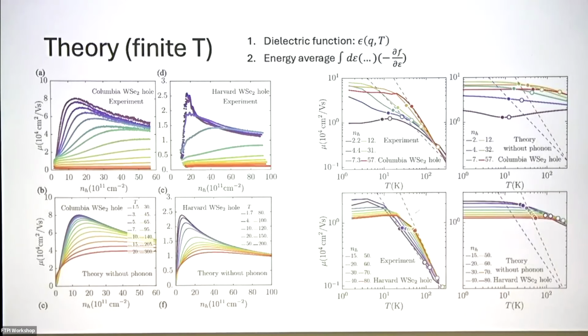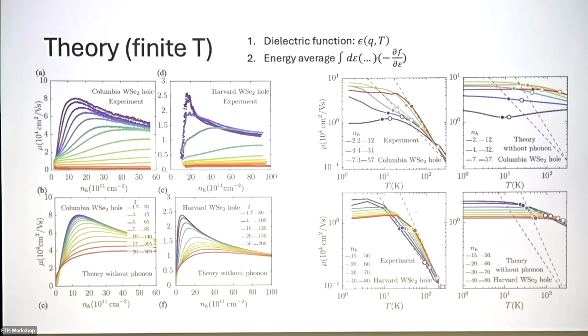I also did the calculation for finite temperature. In the calculation, I include the temperature in two steps. One is through the dielectric function, which has a temperature dependence. Essentially, the screening will be different at different temperatures.